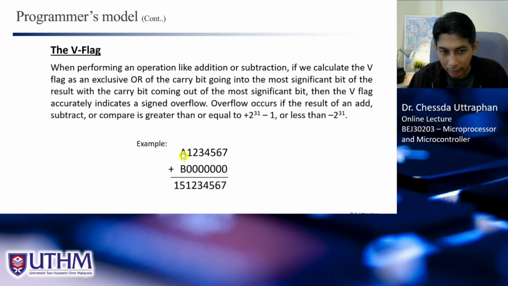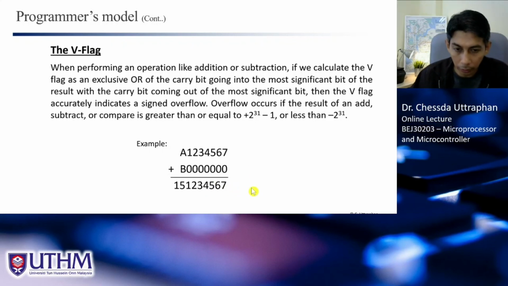Mathematics: a negative number plus a negative number should give a negative. But your result is positive, meaning something is wrong. And when you check the value here, it is more than 32-bit already. So this means this is overflow already.